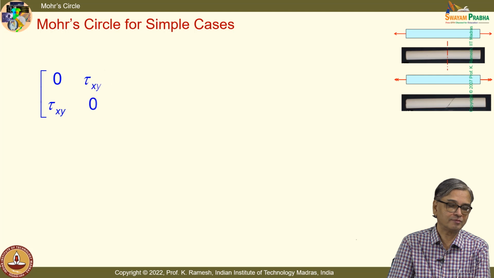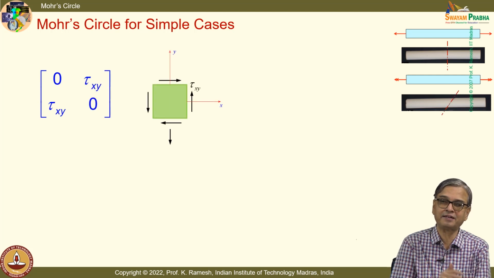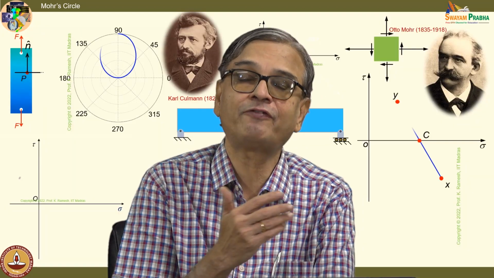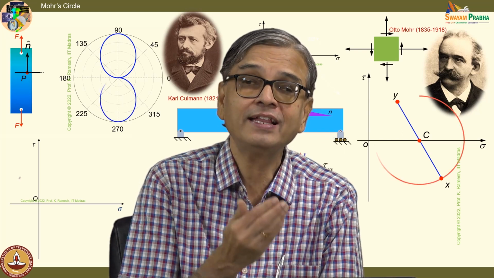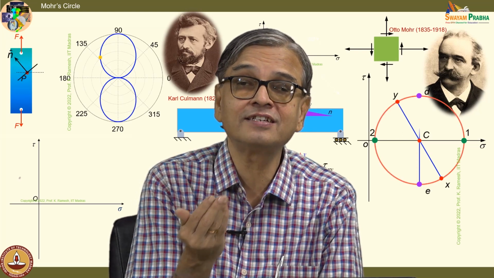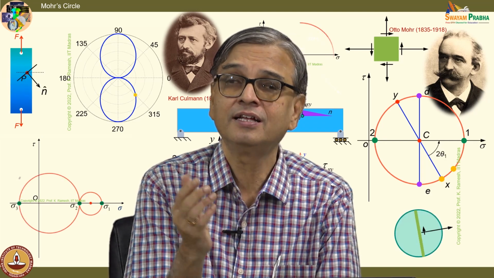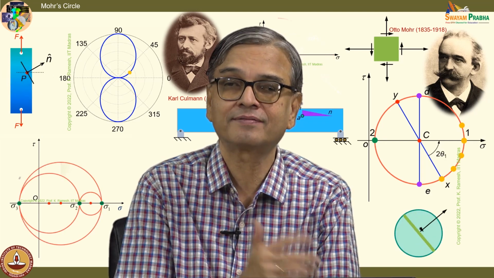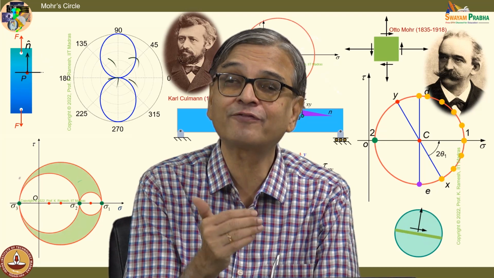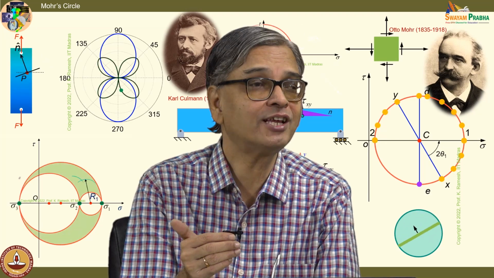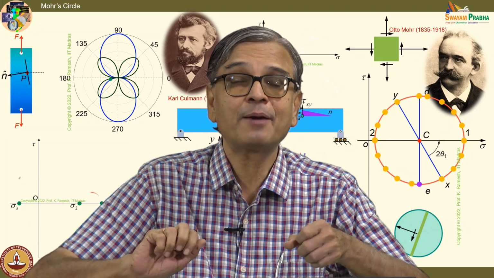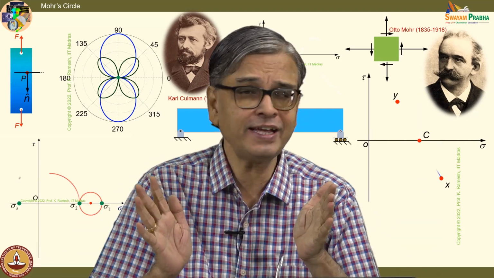Because you all know, since chalk is a brittle material, it will fail when the normal stress reaches a critical value. You have looked at from the Mohr circle which plane the chalk will break. Now, we will graduate and find out how to reason out why, when I apply a torque, it fails at 45 degrees.